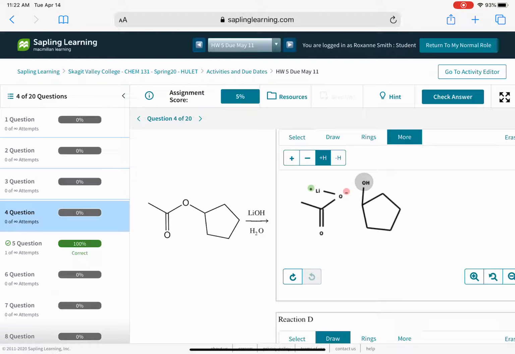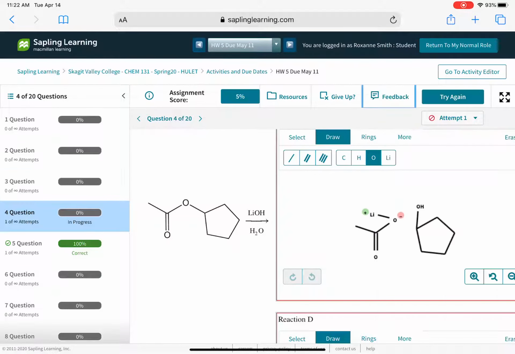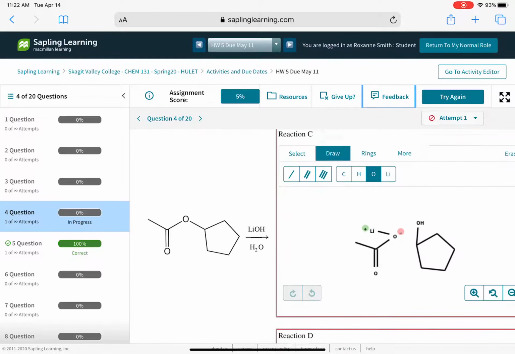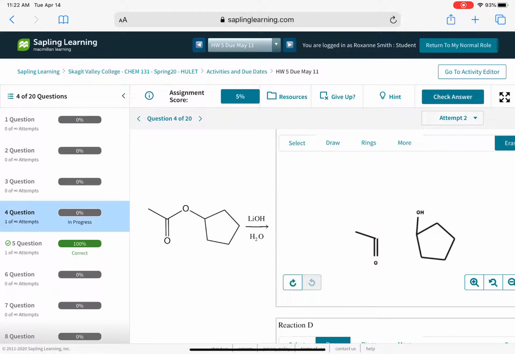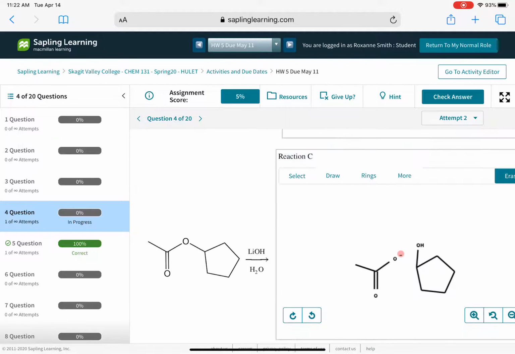I'm going to hit check answer pretty soon, and we'll see how it likes it. Actually, I'll just do it right now, even though I haven't done anything in the other three boxes. It does not like that bond, so let's try that again. And let me see if I can erase. Oh, I did not want to erase that much. So let me see if I can just stick the lithium.